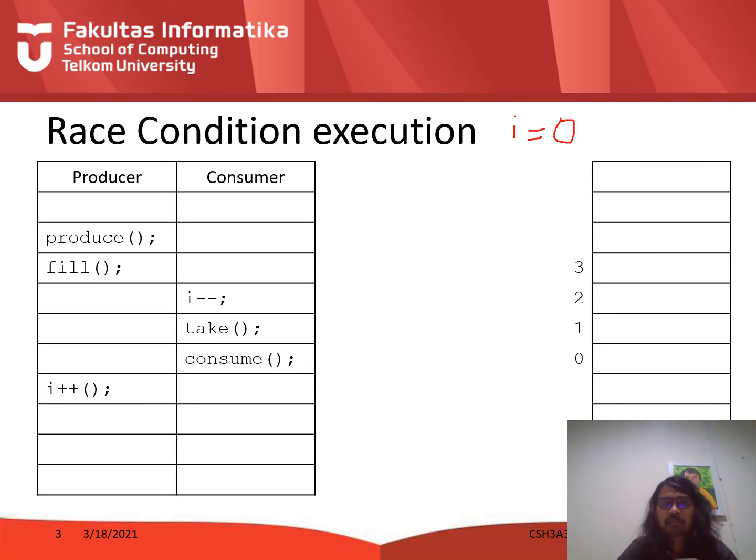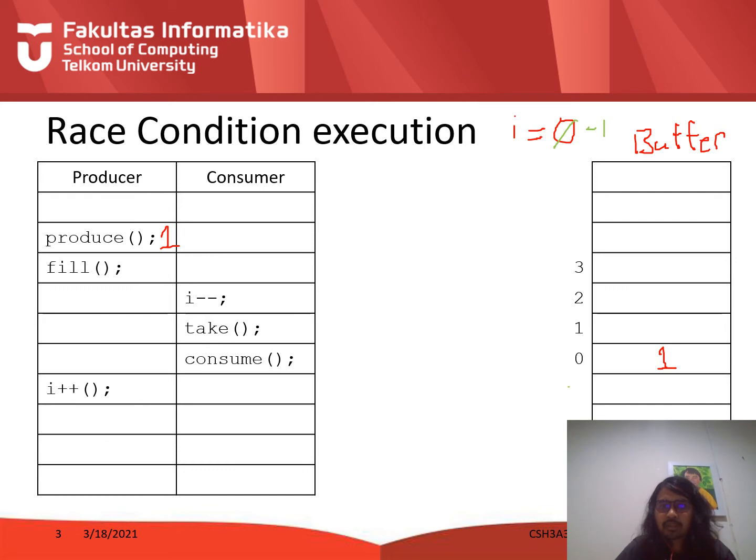So here what happens: the producer produces an example number, and then it will fill the buffer at I equals 0 with the produced number. Then, before it increments, the consumer takes over. It first decrements the I, so I is now not 0 but decremented to -1.